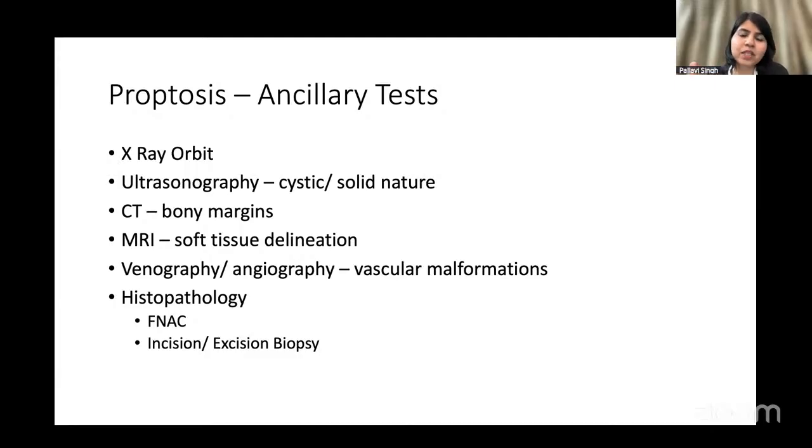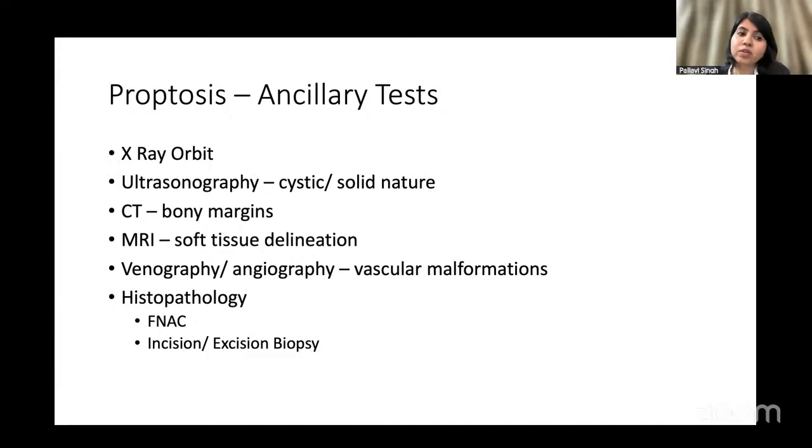CT scan would be more advisable in that case, but also MRIs are more expensive and not as widely available. So if your MRI is not available, I think a CT scan, especially contrast enhanced CT scan, is a good first step to get a good idea about what your lesion might be.